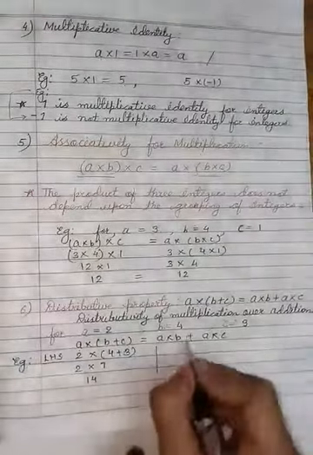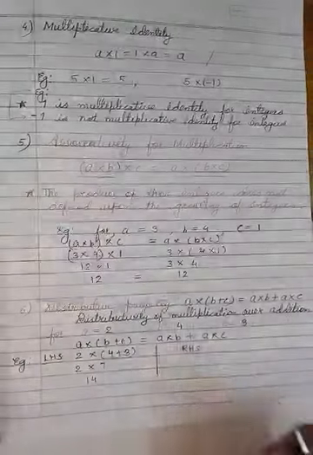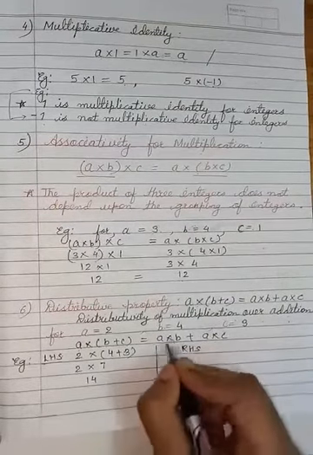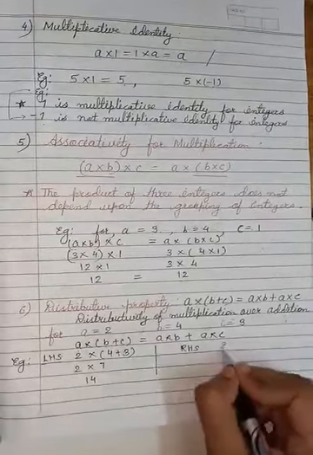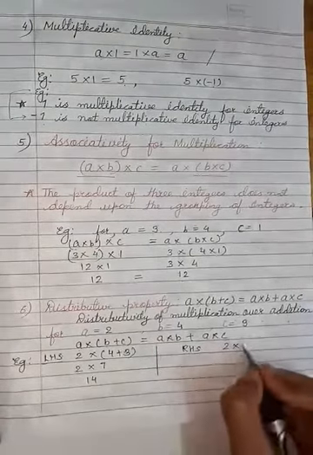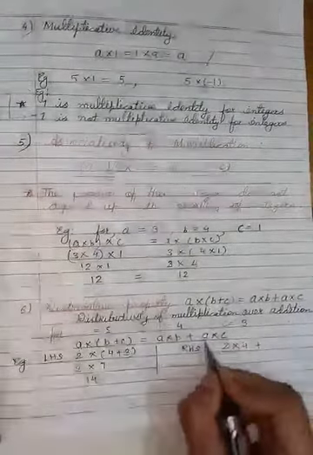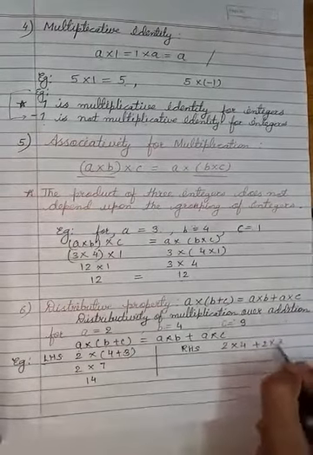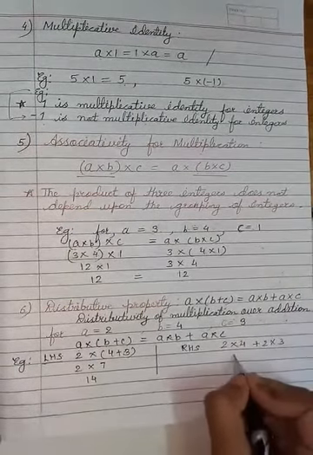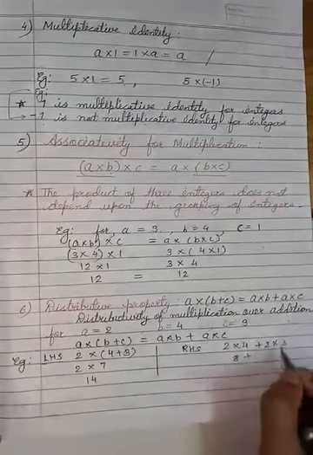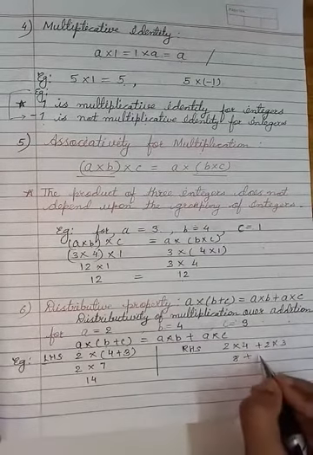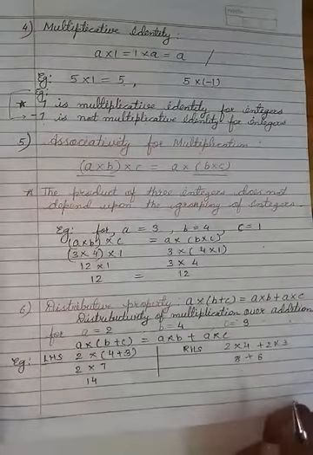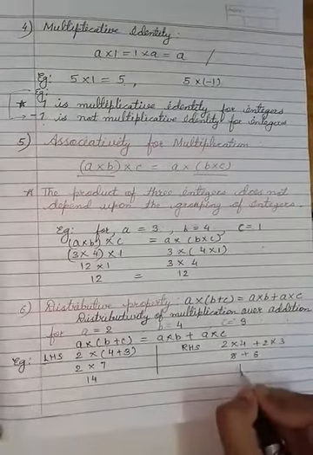Now the RHS is a into b plus a into c, so 2 into 4 plus 2 into 3. 2 fours are 8 and 2 threes are 6, and 8 plus 6 is 14.